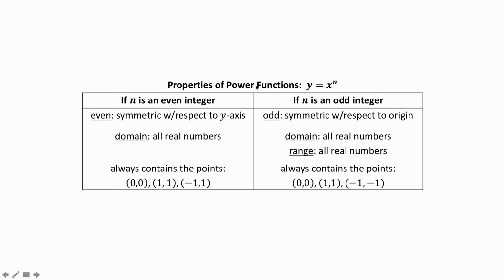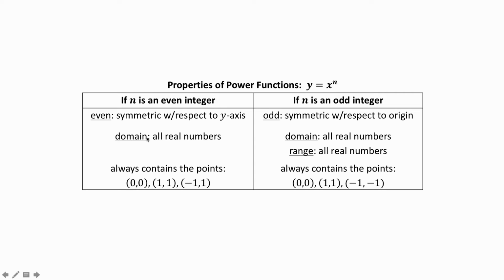So when we're talking about power functions, right, y equals x to some nth power, we're going to look at these different properties. So if n is an even integer, so 2, 4, 6, 8, 0 as well, then our graph is going to be symmetric with respect to the y-axis. It's an even function.